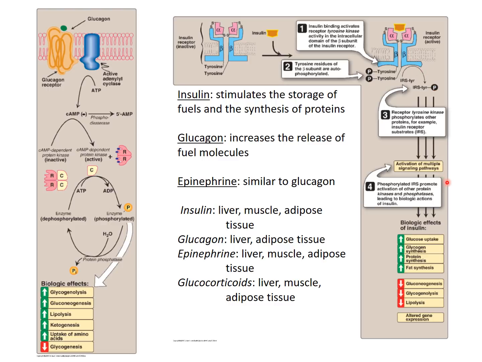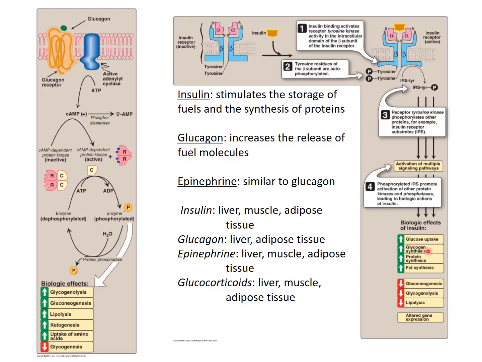One is glucose uptake. This is one of the signaling pathways which will place GLUT4 transporters from cytosolic storage to muscle and adipose tissue cell surfaces, so aiding these two tissues to take up more glucose.